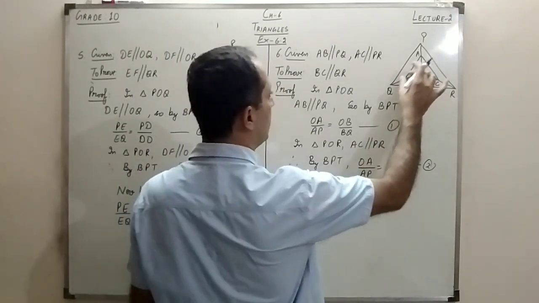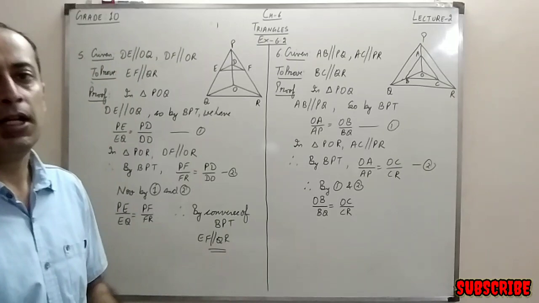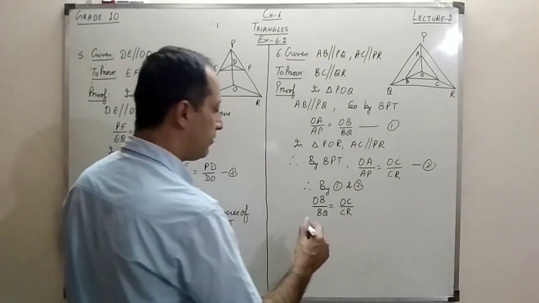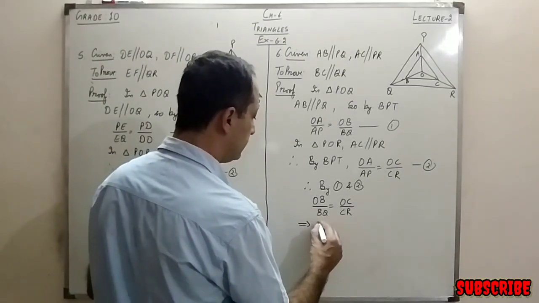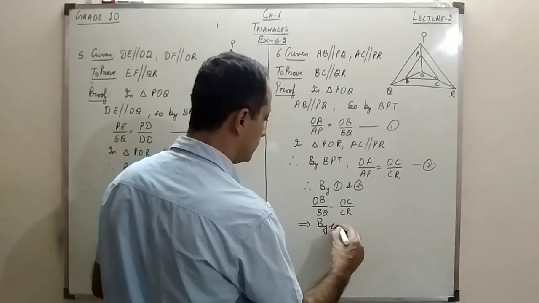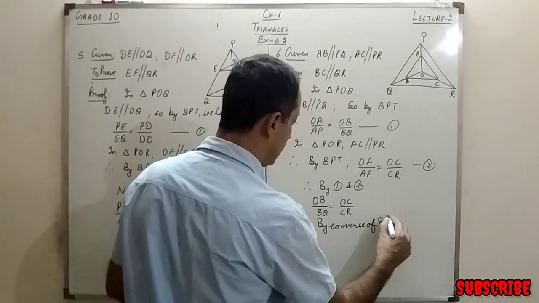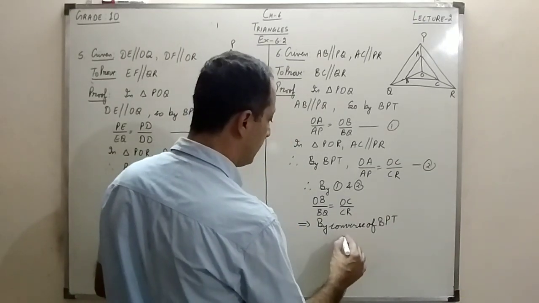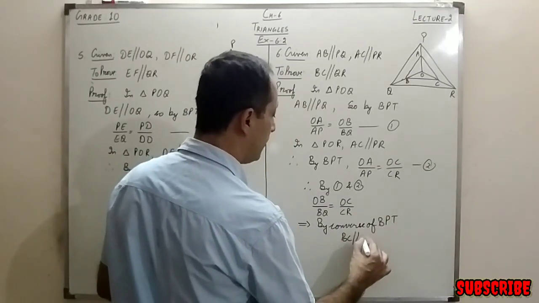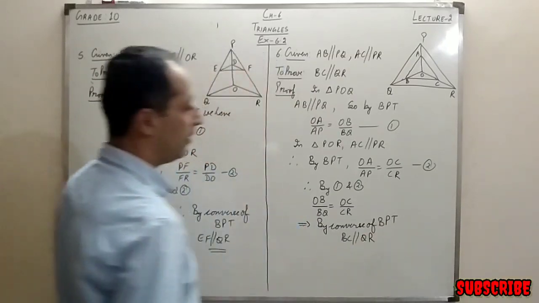This is the thing which I required: OB by BQ is equal to OC by CR. Now, by converse of BPT, I can say BC is parallel to QR, right?